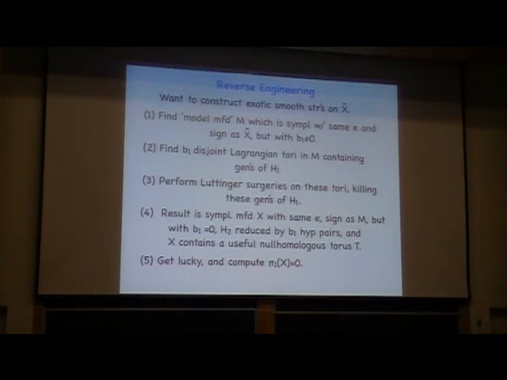So the fact that it's symplectic, we'll say that its Seiberg-Witten invariant is non-zero. Okay, so that gives you the Seiberg-Witten invariant of 0 surgery. Well, step 5 is to get lucky.